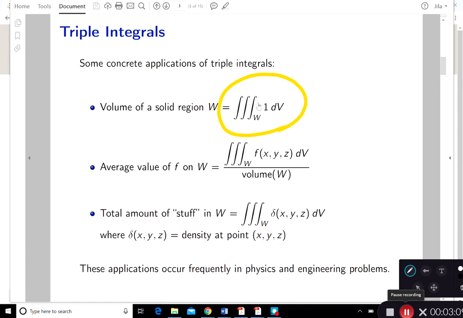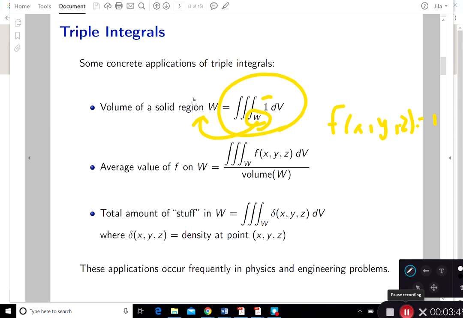But before that, any triple integral over a domain W, which is a solid W, of the function f(x, y, z) equal to 1, is going to be equal to the volume of the domain. This is again as we had every time we took the integral. If it was a double integral over a region, it would be the area of the region. If it was a single integral over an interval, it would be the length of the interval.